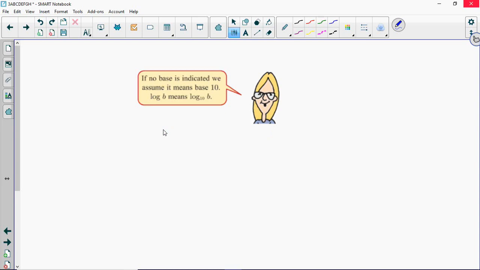So doing logs with a base of 10 was an easy thing to do. There were these devices called slide rules, and you don't need to worry about that. The point is, it used to be very common to do work with base 10. So common, in fact, that people got tired of having to write the base over and over again. So they just wrote it as log.